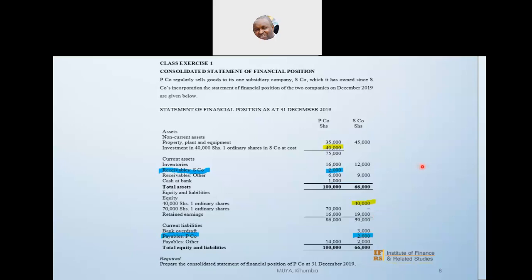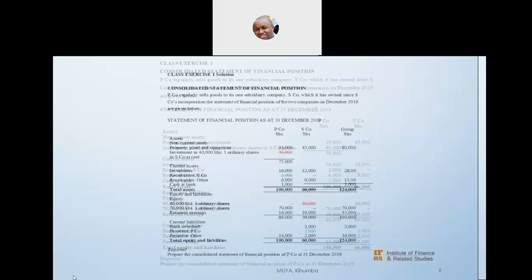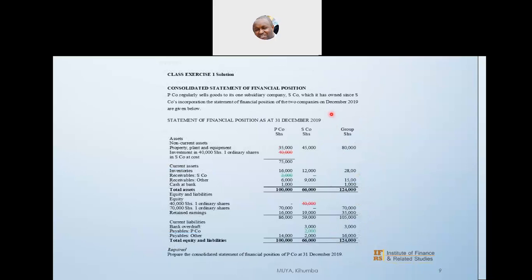Now, when it comes to preparing group accounts, you could actually do it right here in this question. You draw an extra column, where you add those items that were never cancelled. And this is how we do it. Here, I've drawn the extra column. I add plant, property, and equipment in both parent and the subsidiary, and the group share would be 8,000.